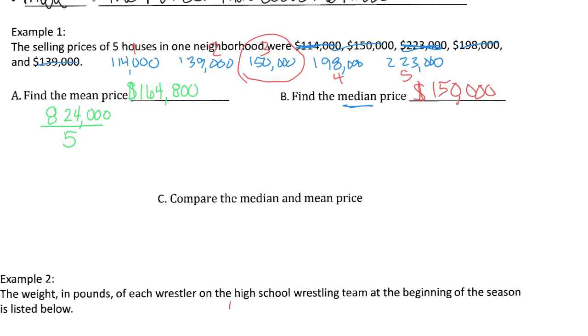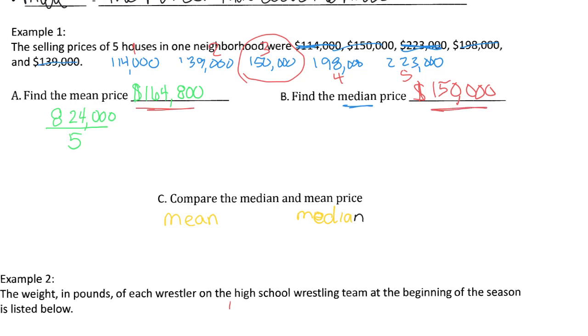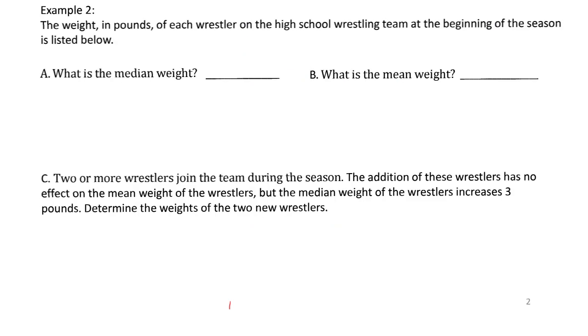Okay, so now we have to compare these two numbers. So when I compare them, I just write out mean and median. So I noticed that the mean is larger than the median. So I know that 164,000 is bigger than 150,000.